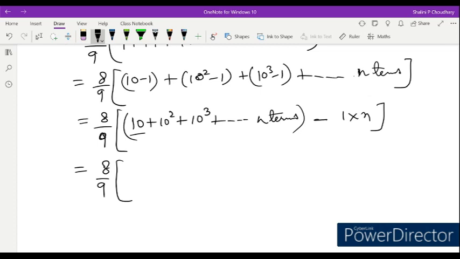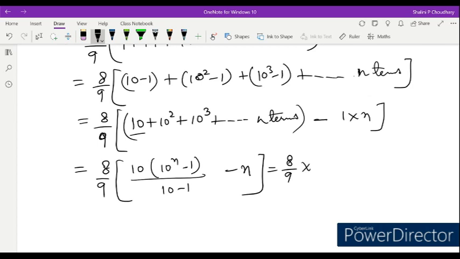So a into r to the power n minus 1 divided by r minus 1, so 10 into 10 to the power n minus 1 divided by 10 minus 1, and this is minus n. And this will be 10 minus 1, 9. So it will be 10 upon 9 into 10 to the power n minus 1, and minus n.